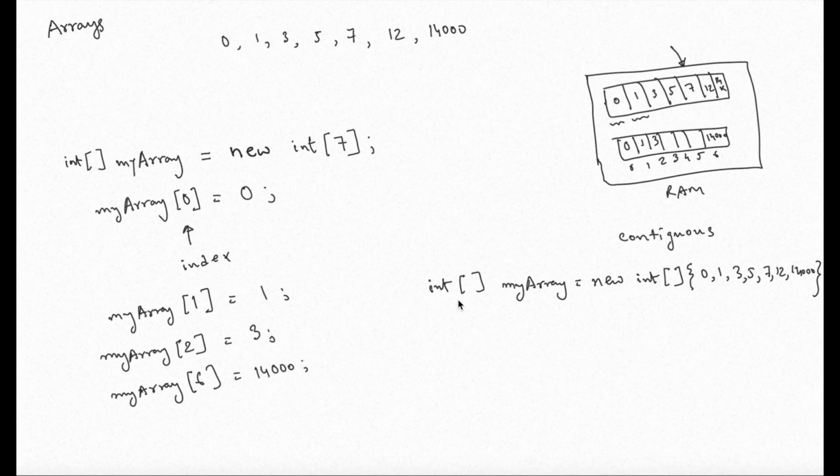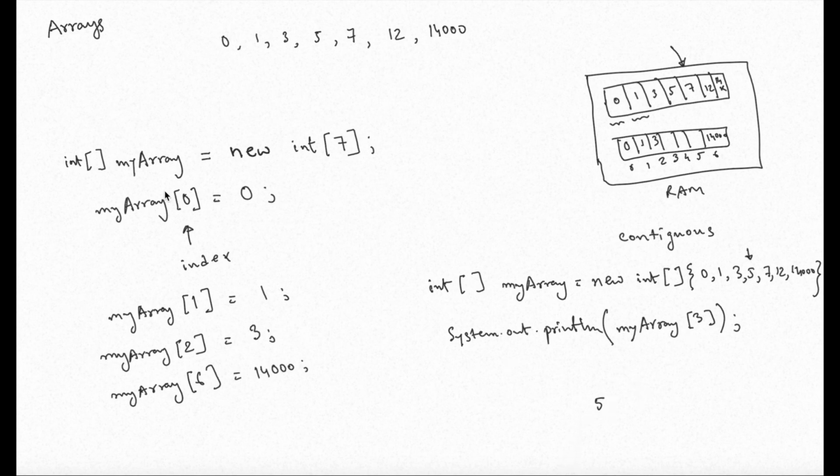How do we access this element, let's say 5? This element is index 0, 1, 2, 3. This is index 3. So if we say System.out.println(myArray[3]), this would actually print out 5 in our console.